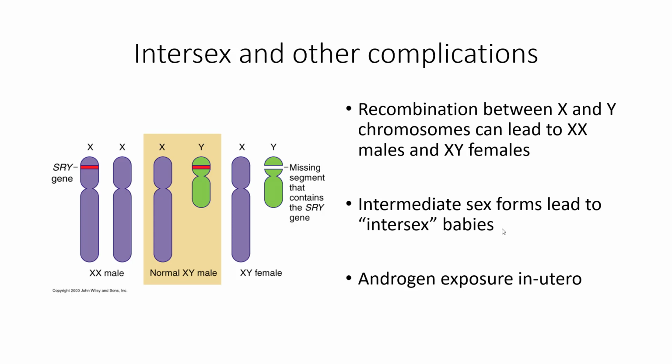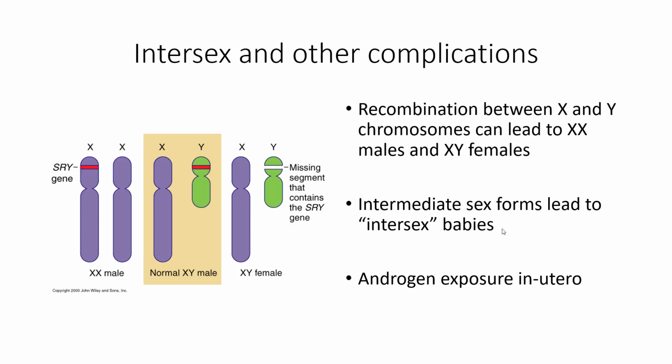And did I say daughter? I meant son, because they have the SRY gene, and that makes them a male with 2 X chromosomes. That same individual, having had recombination on the Y chromosome, could also give rise to a son with XY. Did I say a son? I meant a daughter, because that would be female with an X and a Y chromosome.